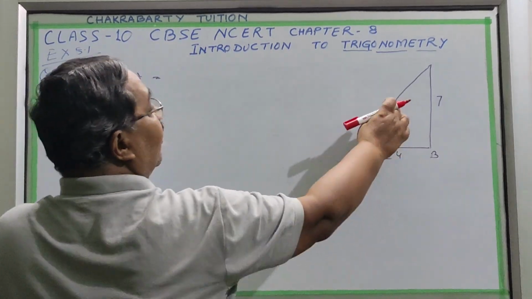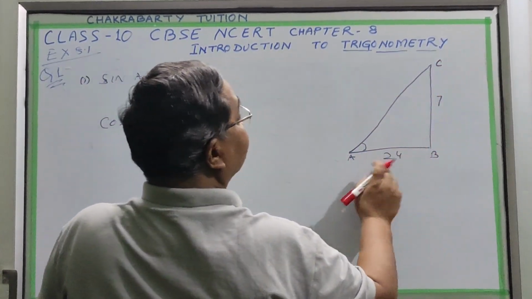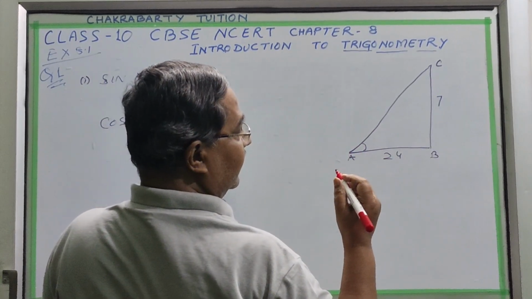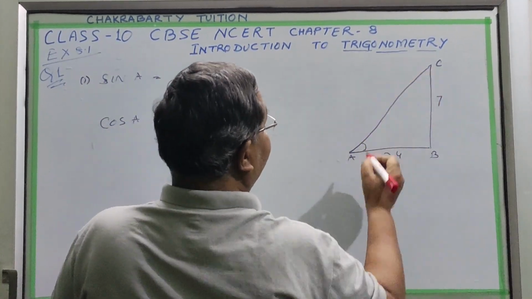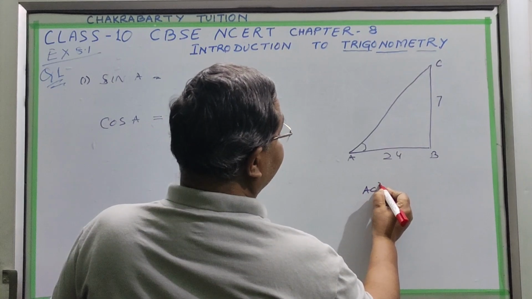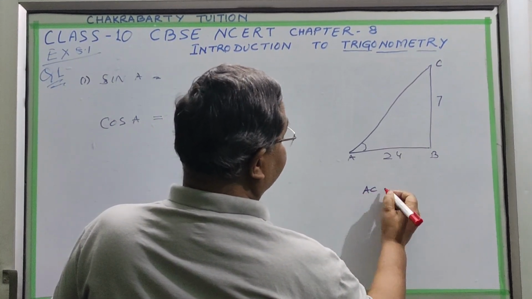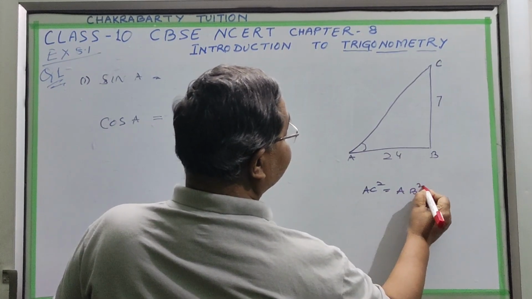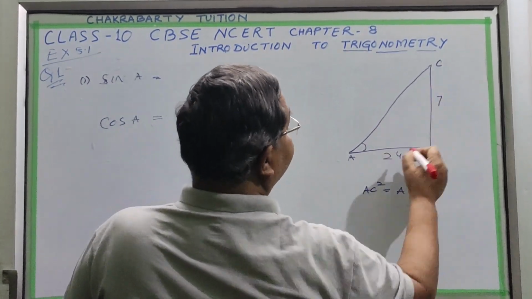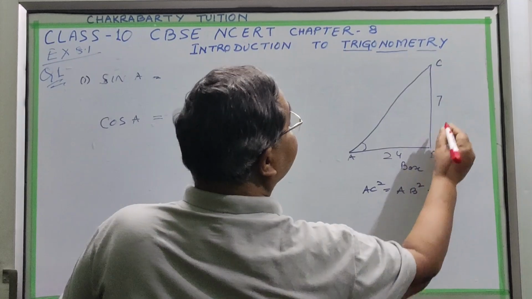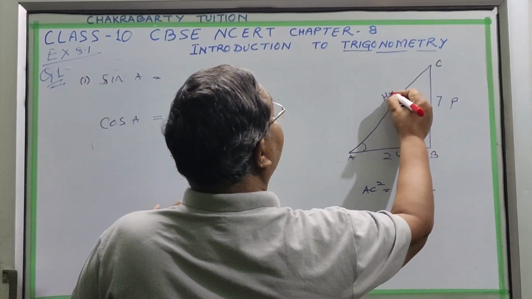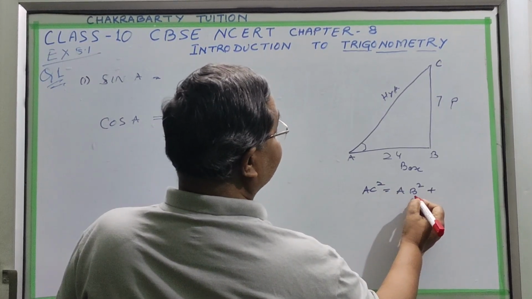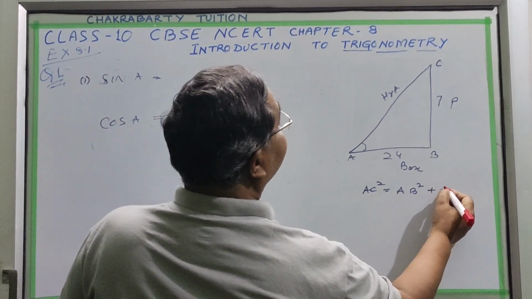So before doing this, we will find AC also. As per the Pythagoras theorem, AC square is equal to AB base square plus BC perpendicular square. This is your base, this is your perpendicular, and this is your hypotenuse. So hypotenuse is equal to base square plus perpendicular square.